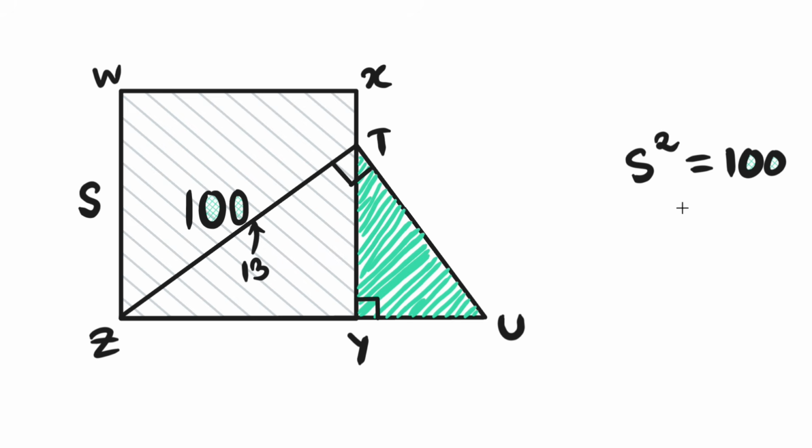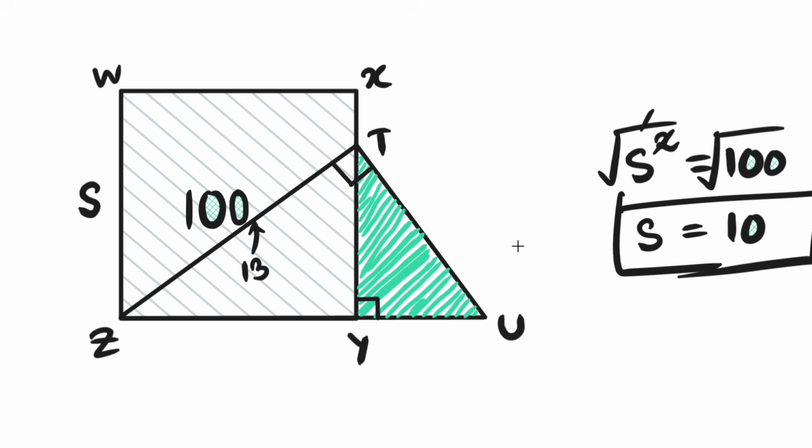To find S, we take the square root of both sides. The square root of S squared is simply S, and the square root of 100 is 10. Therefore, S equals 10. That tells us something very important. Every side of the square has a length of 10 units. In particular, side ZY is 10 units.